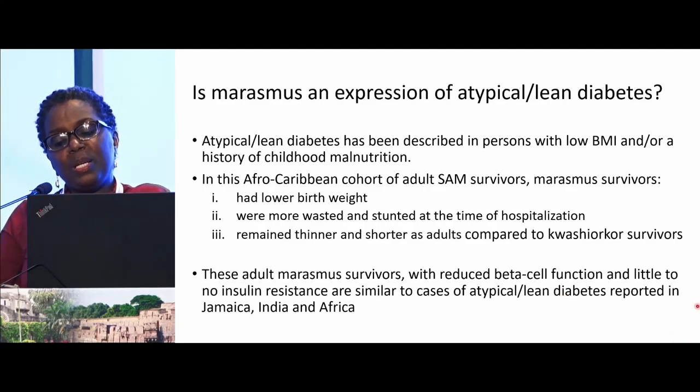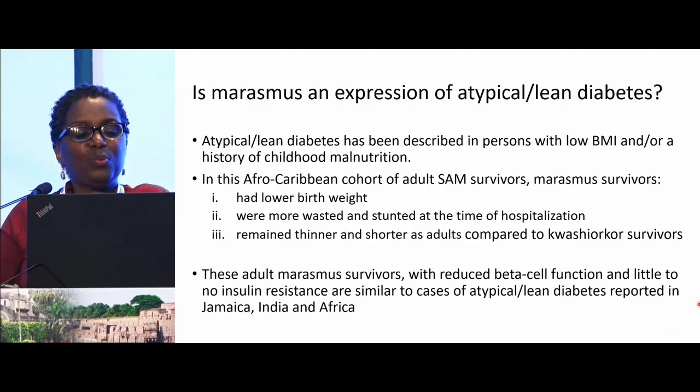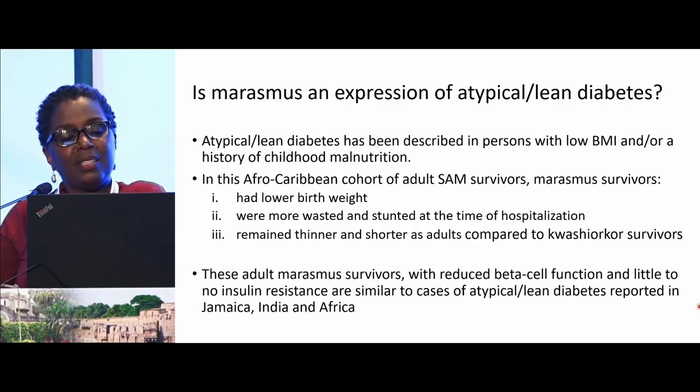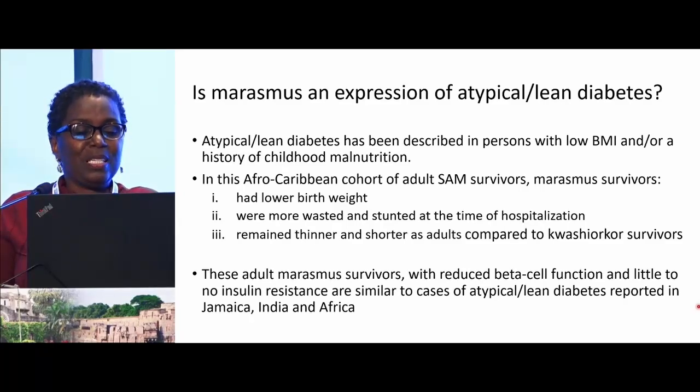The other intriguing question arising from these findings is whether marasmus is an expression of atypical lean diabetes, which some of us have been engaged in discussing 2 days ago. Now, atypical lean diabetes has been described in persons with a low BMI and/or a history of childhood malnutrition.